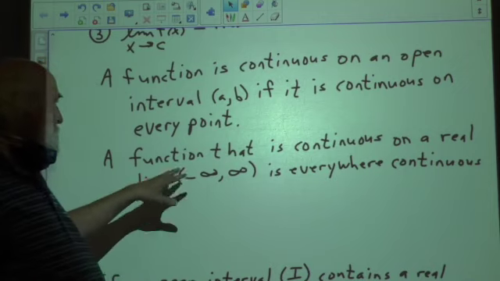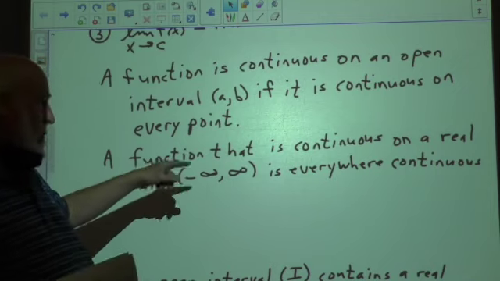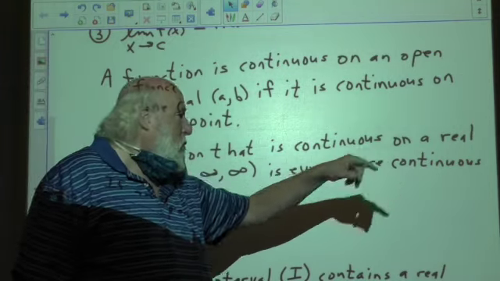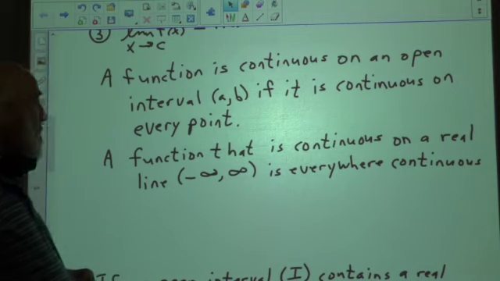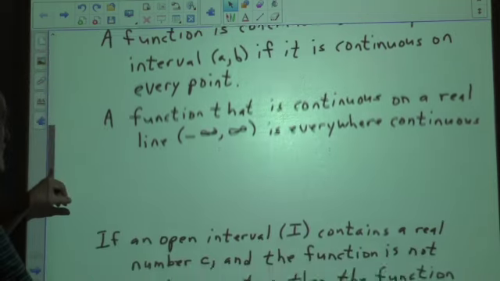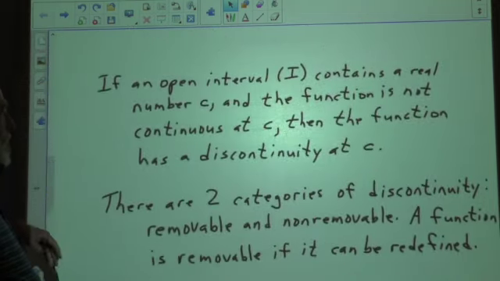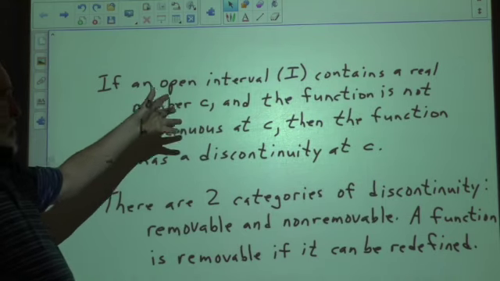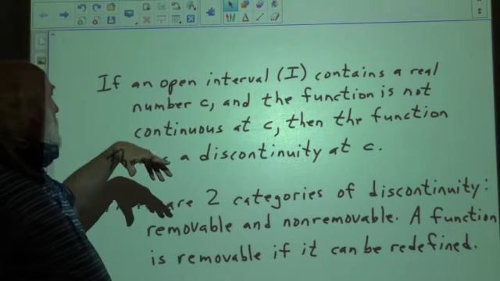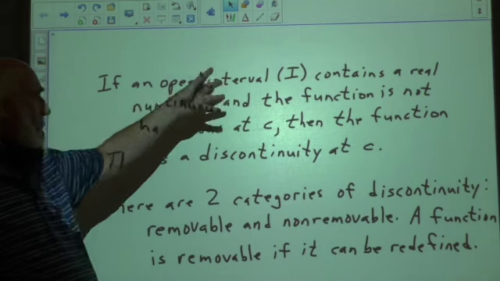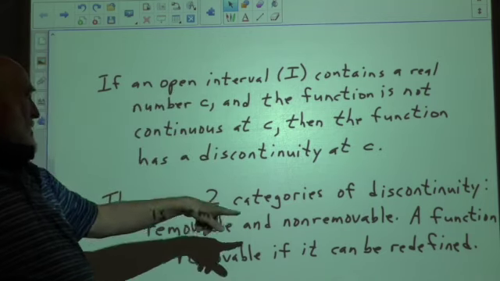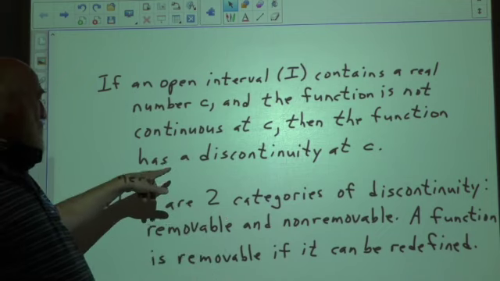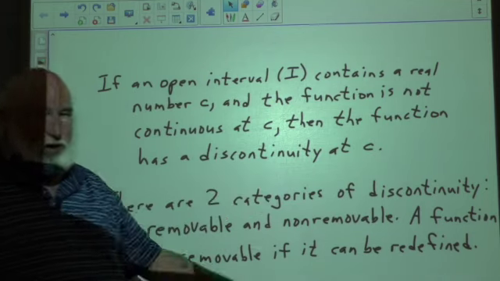The function that's continuous on a real line with those open points is everywhere continuous in order to be considered valid as in continuity. So in an open interval I, if an open interval I contains a real number c and the function is not continuous at c, then the function has a discontinuity at c.